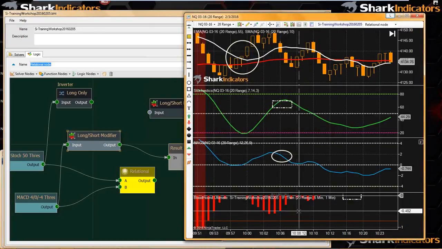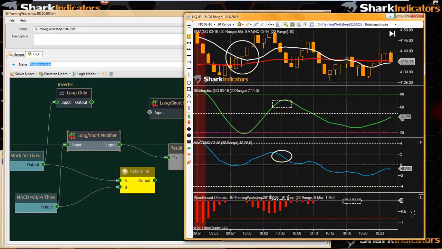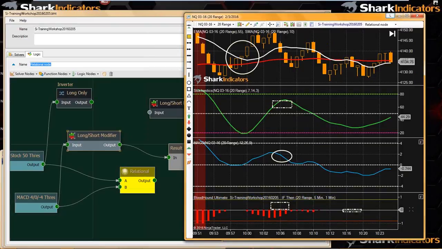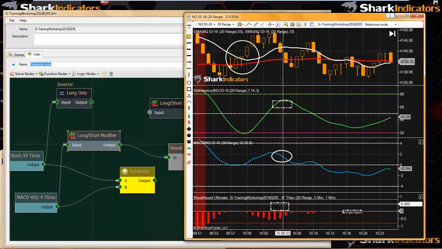So now, hold on a sec, let me adjust the scaling here. There we go. So now instead of the MACD giving us a long output, we reversed it into a short output here.